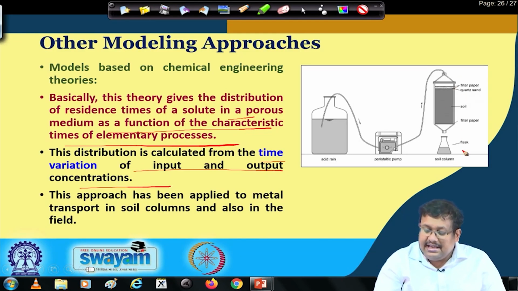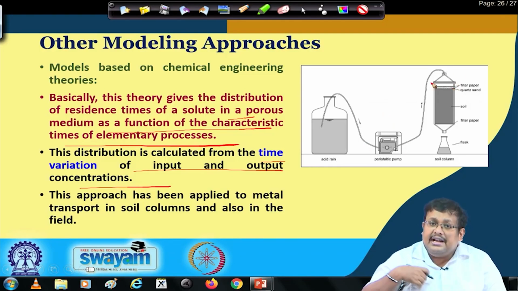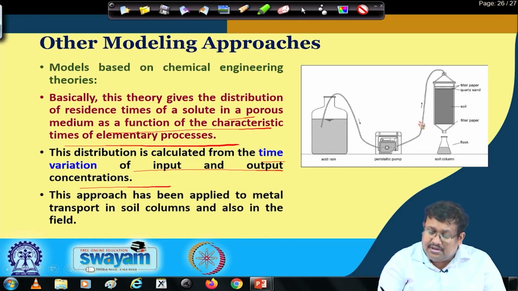This approach has been applied to metal transport in soil columns. We can see this is an example of a column leaching study, where different solvents or water are run through the soil columns to see the movement of different chemical species from one part of the column to another part, or in other words how these columns are retaining different molecules or species which are present in the solvent.